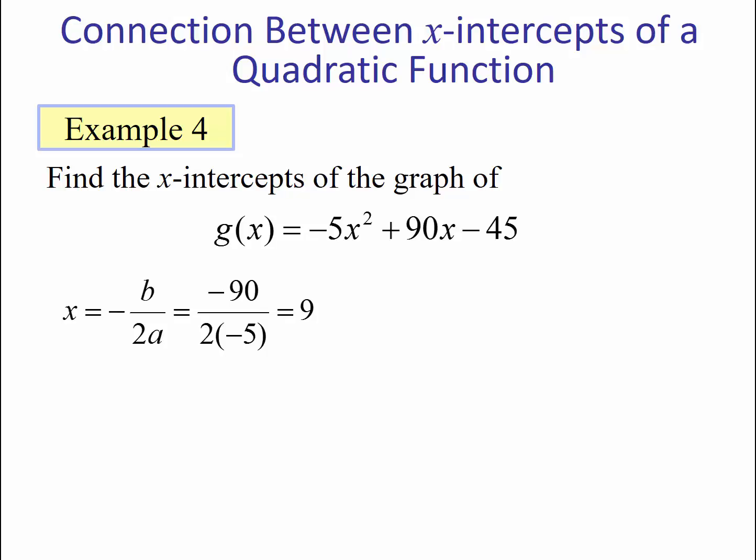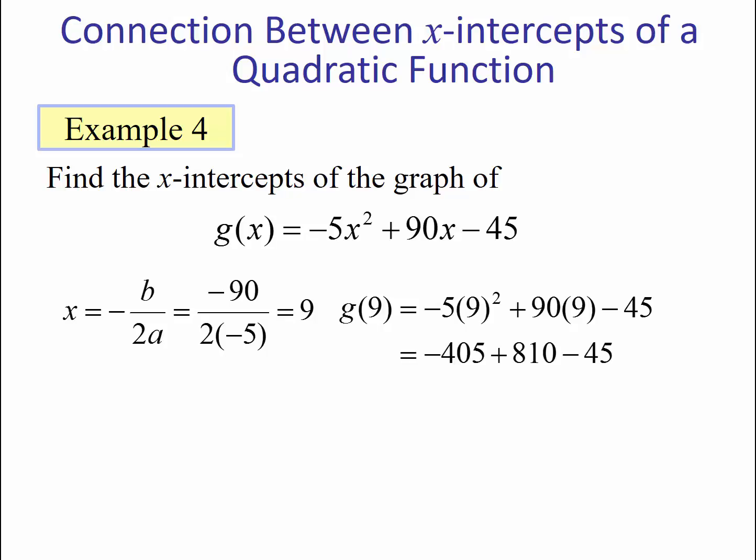To find the y-coordinate of the vertex, we substitute this value of 9 back in, so we have g of 9 equals negative 5 times 9 squared plus 90 times 9 minus 45. This gives us negative 405 plus 810 minus 45, which gives us a value of 360. So the vertex is at 9, 360.